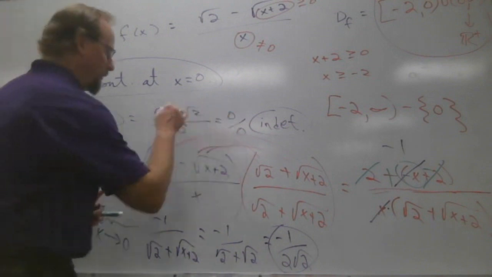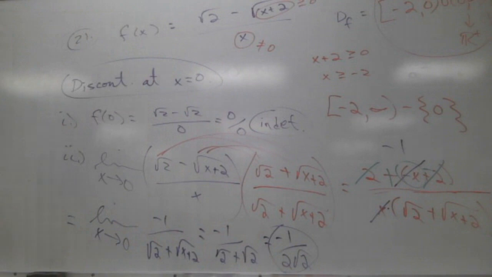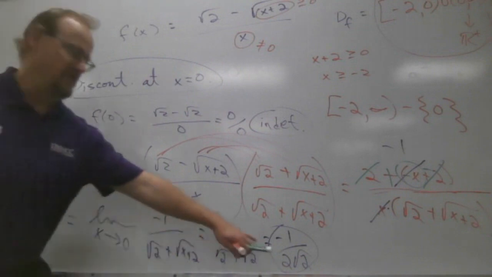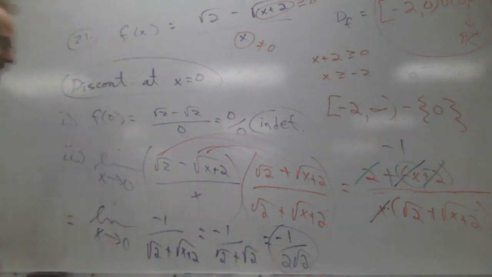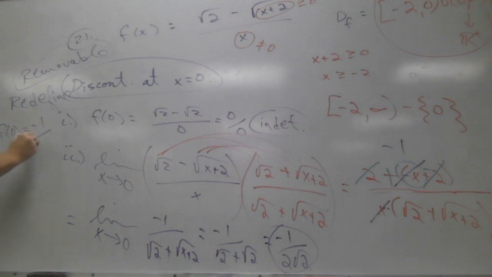Remember, it's removable if we could redefine f of 0 to equal some specific value that fixes it. So this actually is a hole because there's a real number output here. This is removable, and we could redefine f of 0 to equal minus 1 over 2 root 2.